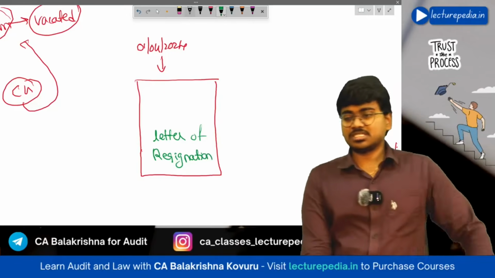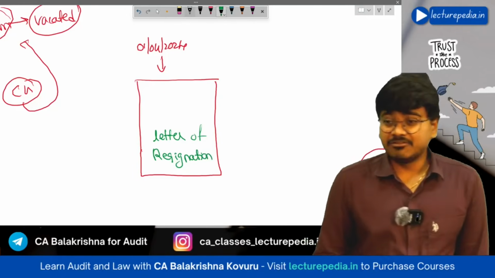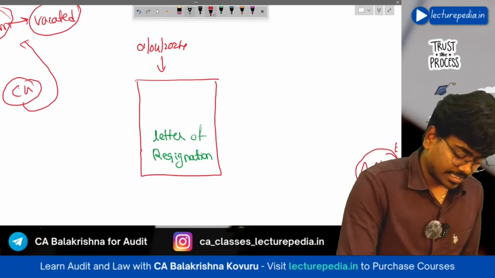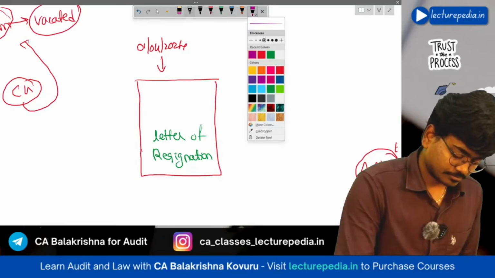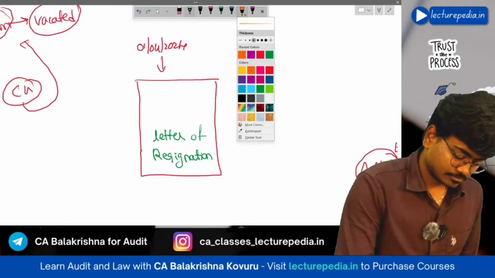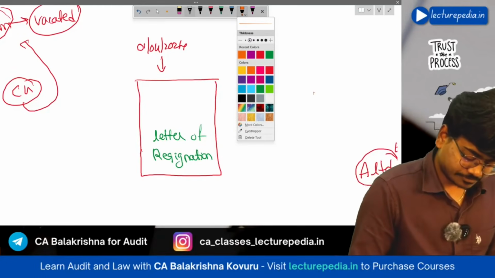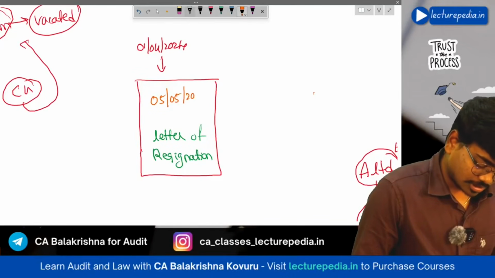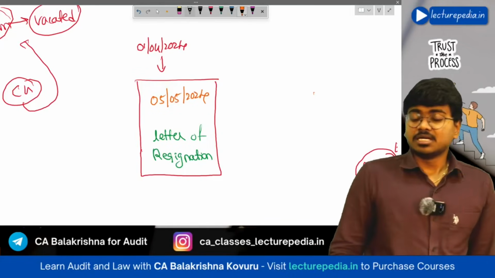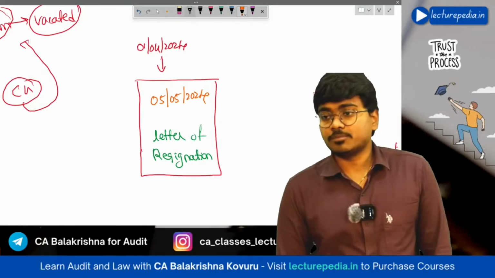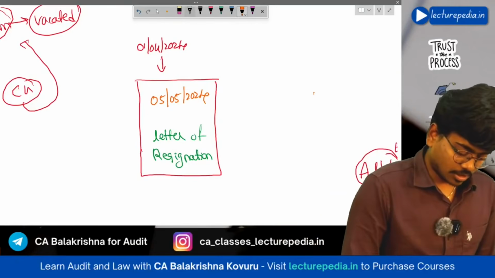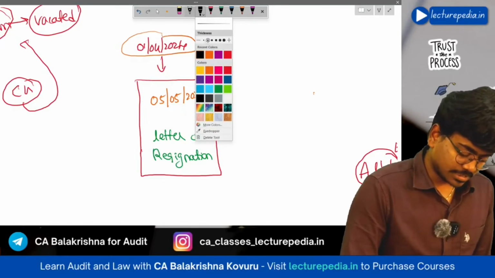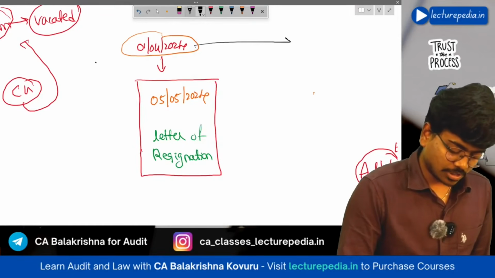Now in this letter of resignation, he mentioned that his resignation will be effective from 5th May 2024. Okay, he has mentioned that his resignation will be effective from 5th May 2024, and on 1st April 2024 only he has posted this resignation to the company.